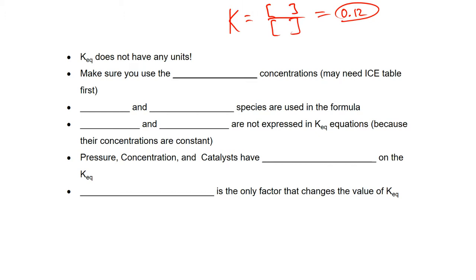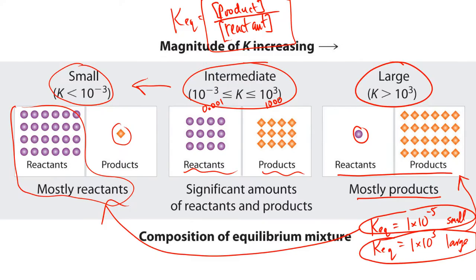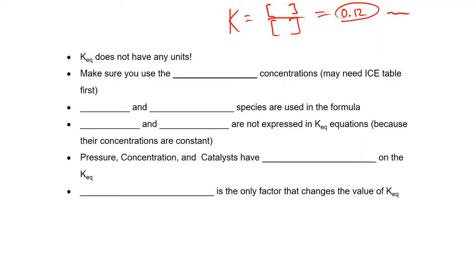Okay. Don't try and put any units attached to it. Make sure you are using molar concentrations, okay? This little note about an ice table, we'll see an example of that in our next lesson, so don't worry about that. But just make sure we use actual concentrations in that calculation. So we can't use grams or moles, anything like that. It's got to be molarities in there, okay?